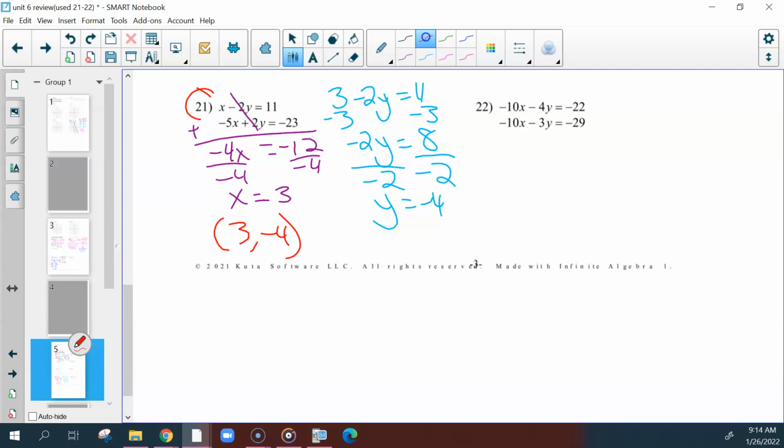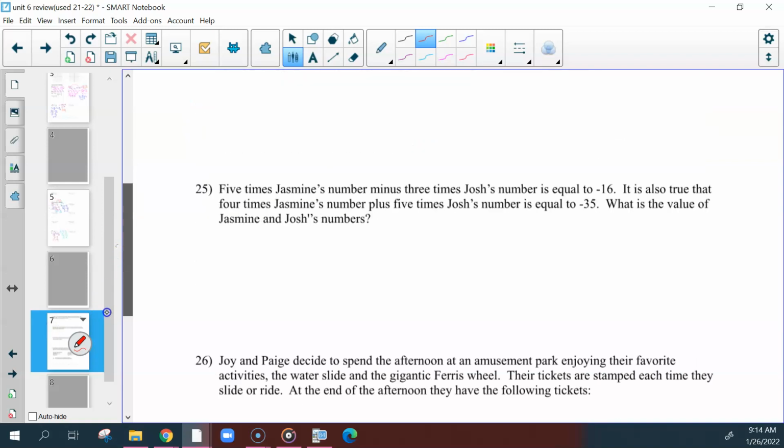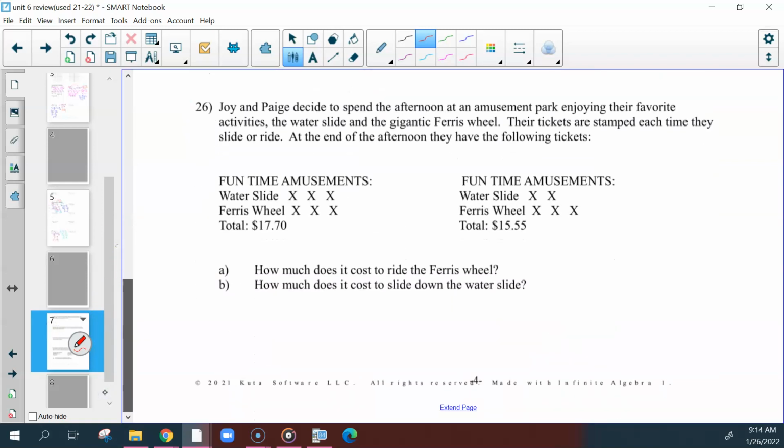We'll do one of the word problems, and then if you have specific problems you want to go over, we will go through those. So we're going to do 26. Take a second, read this, and then tell me what's important.